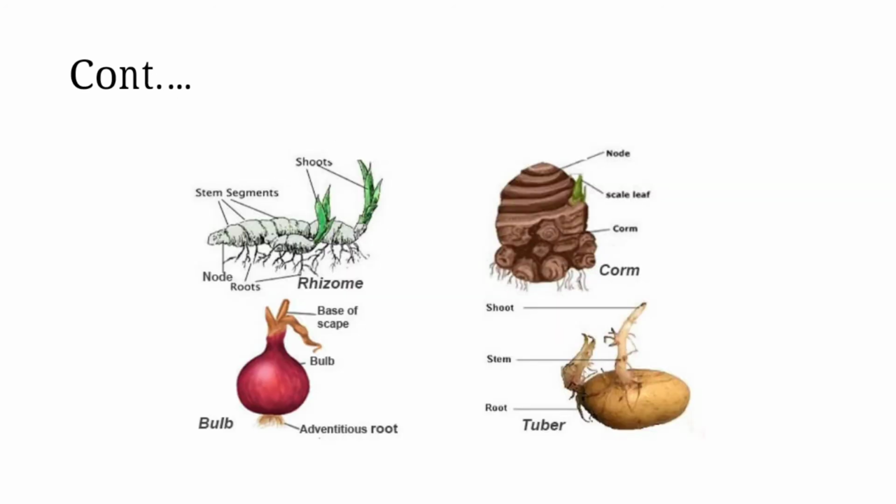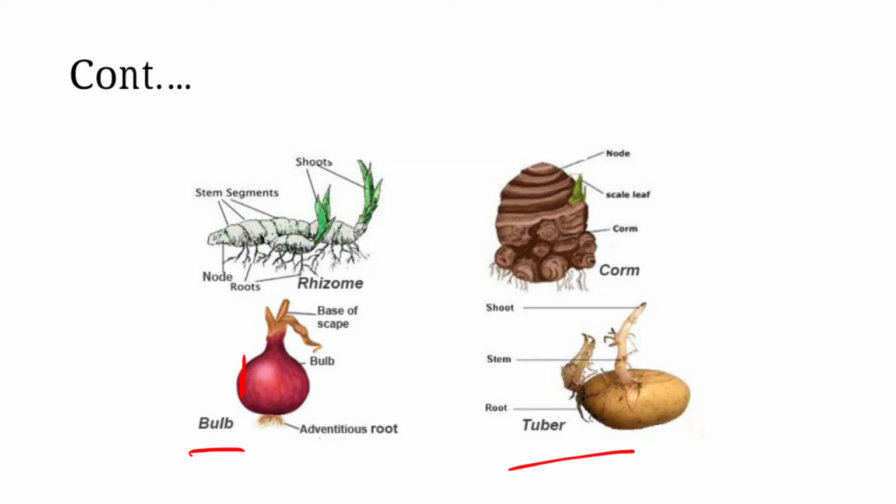So these are some of the diagrams trying to show you the various examples under underground stem modifications. This is a bulb, and specifically an onion bulb. You're seeing it is having fleshy leaves for food storage.